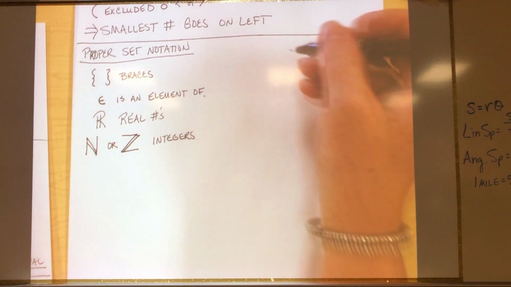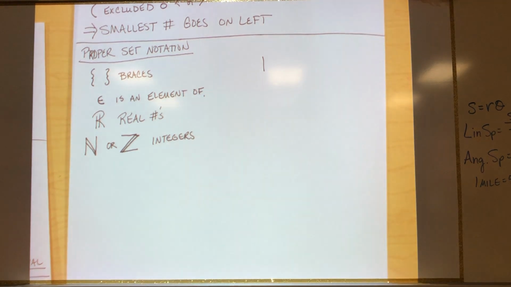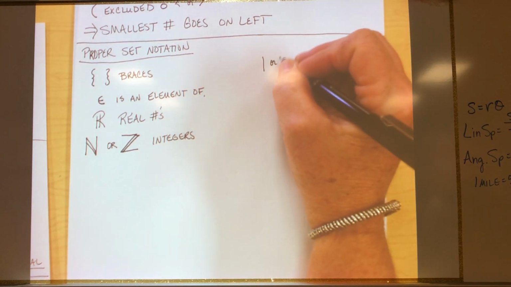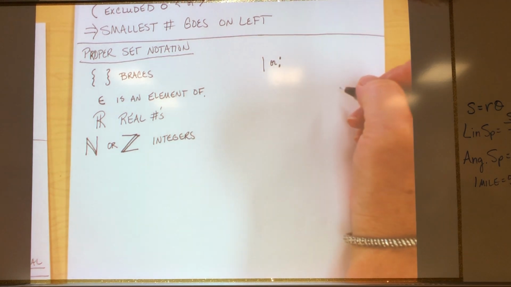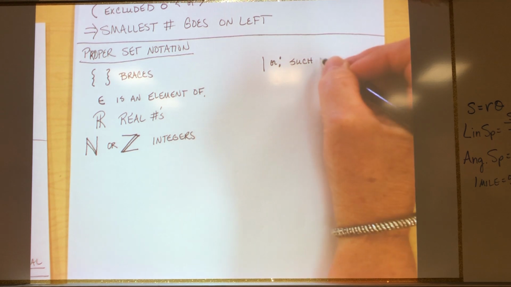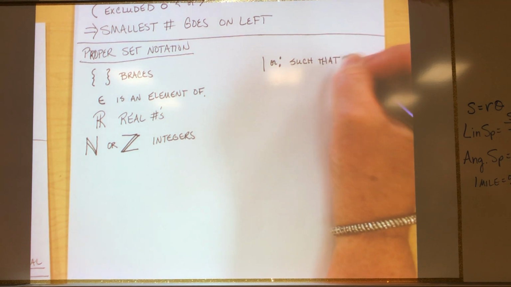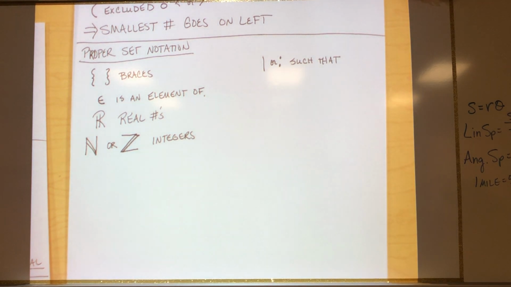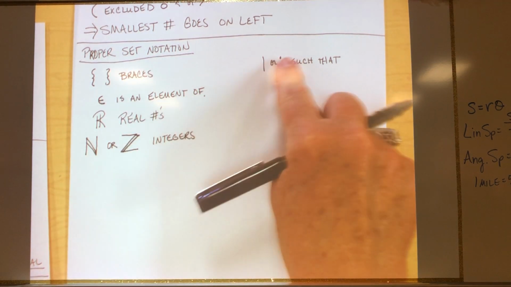All right, here's another one. Just a line. Just a line. Or you can write a little colon. But both of these things mean such that. They mean the words such that. We're going to use all of these, okay?